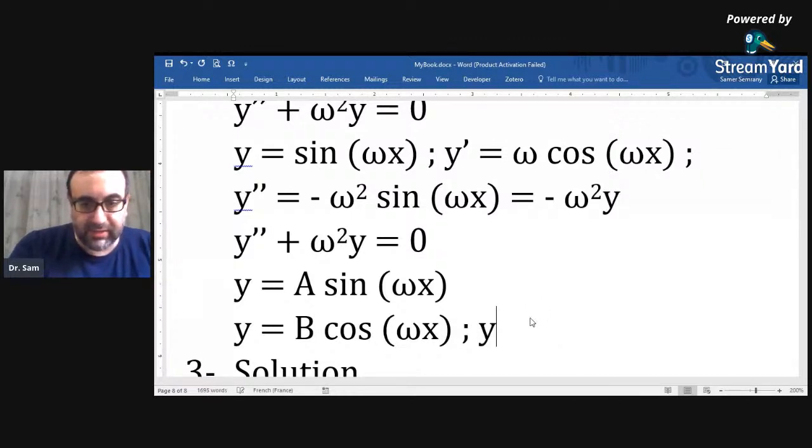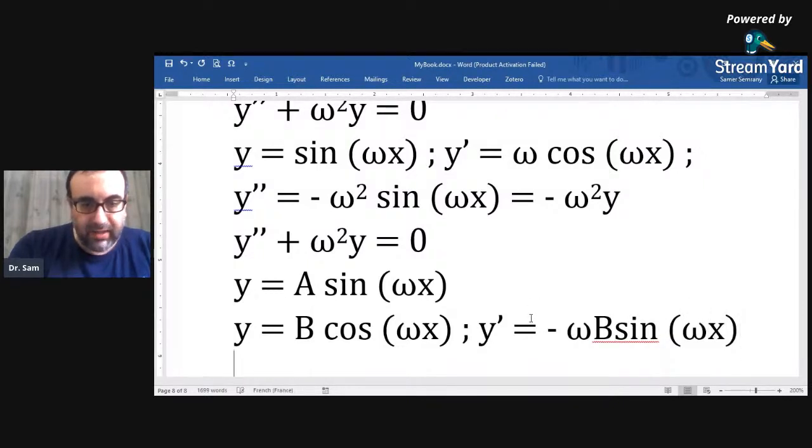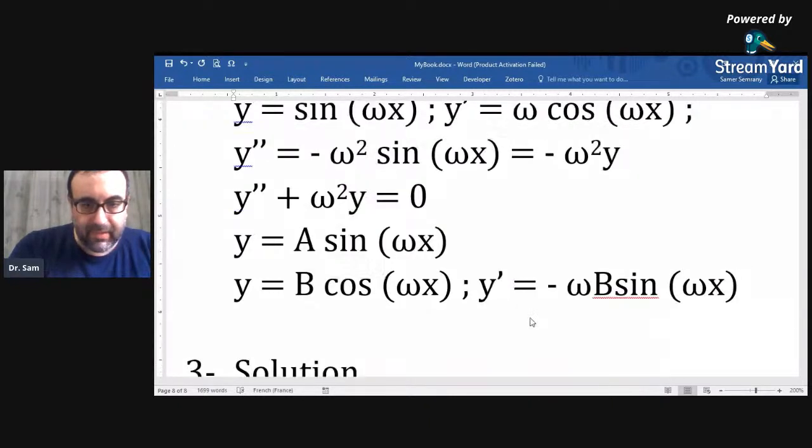Y prime equals minus omega b sine omega x, and y double prime equals minus omega squared b cosine omega x.